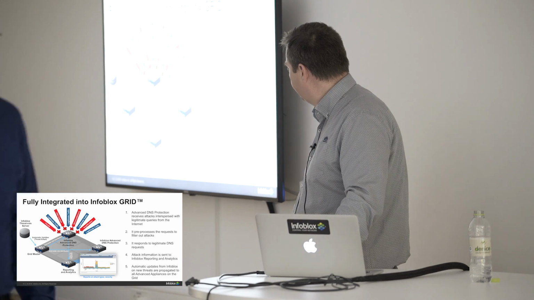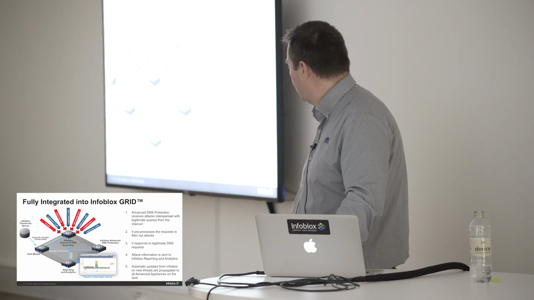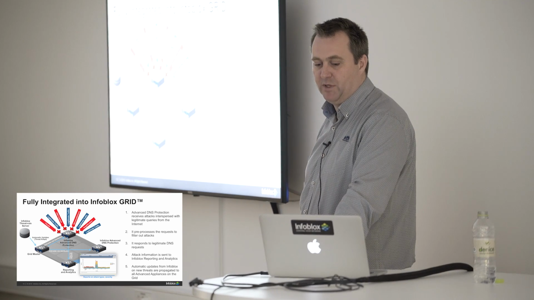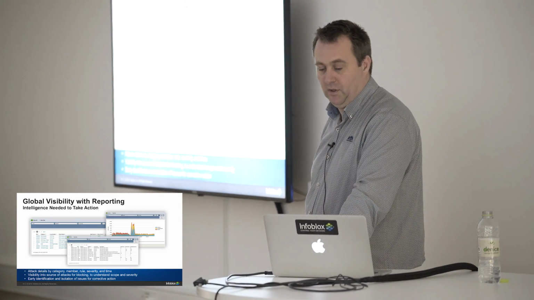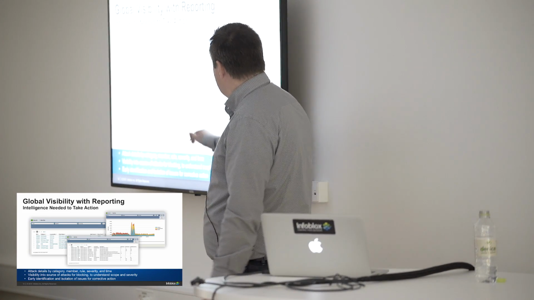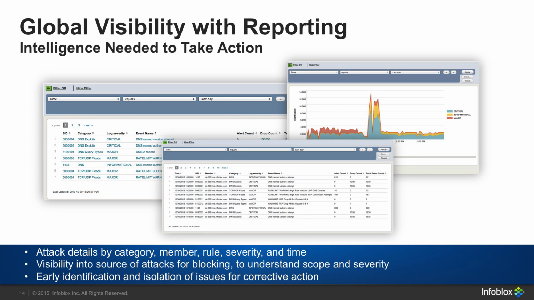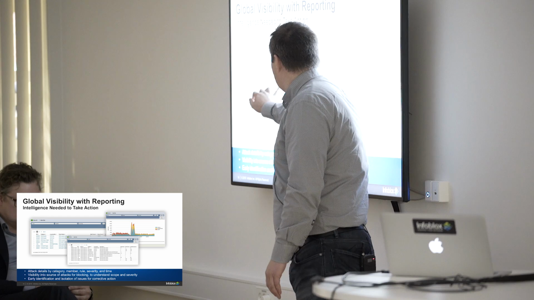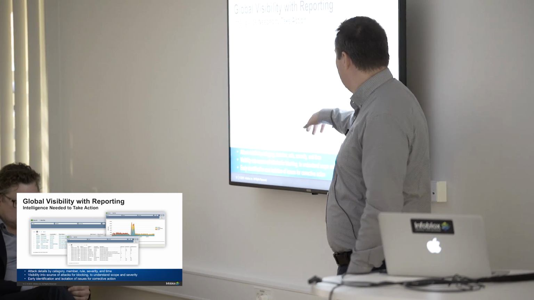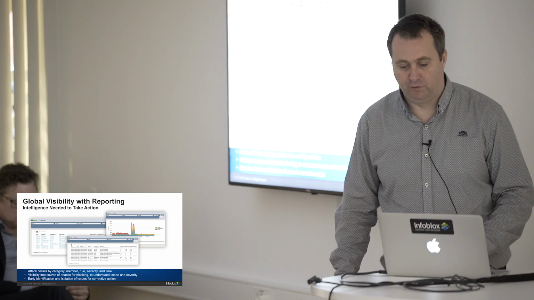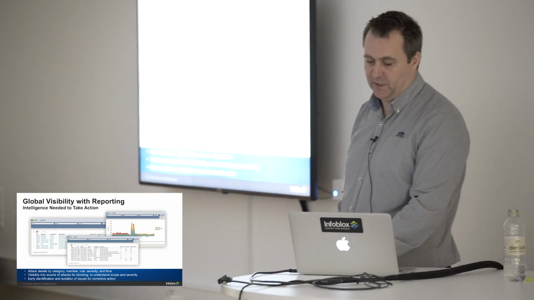Legitimate traffic goes through, attack traffic is being stopped. So you can see reports: when you were under attack, how heavy these attacks were, what type of attack it was, where it was coming from, how many packets we stopped, dropped, and so on. So you can have full visibility on what's going on.